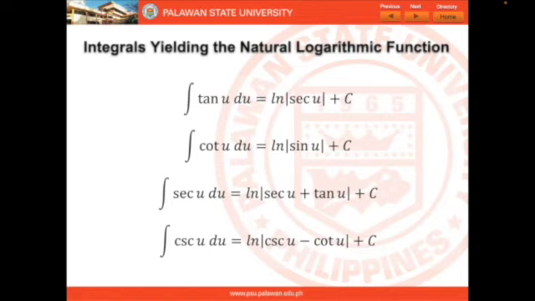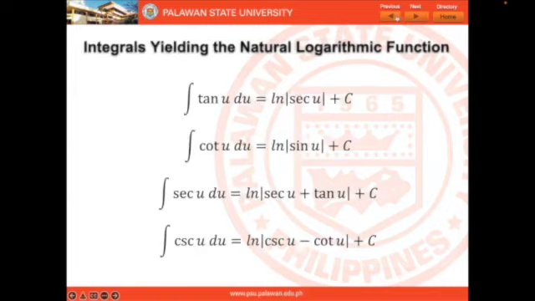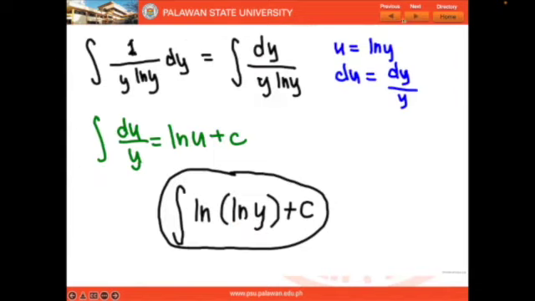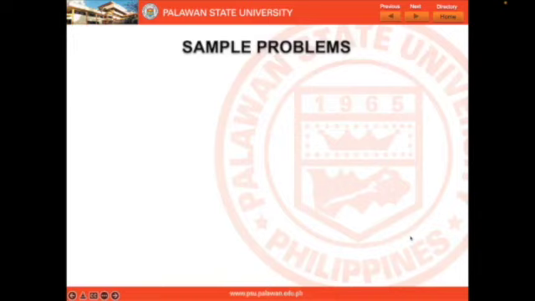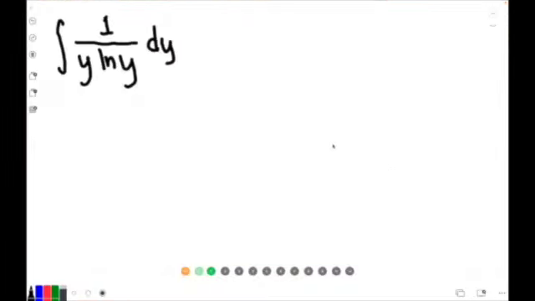So now let's go to some sample problems involving integrals yielding natural logarithmic functions. Our first problem is the integral of 1 over y ln y dy. So let's go to our whiteboard.